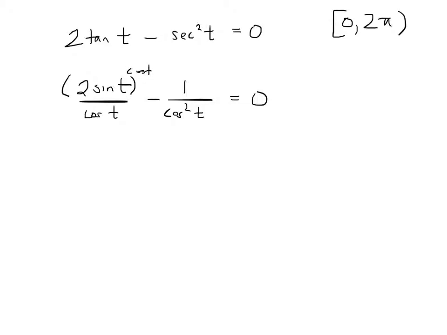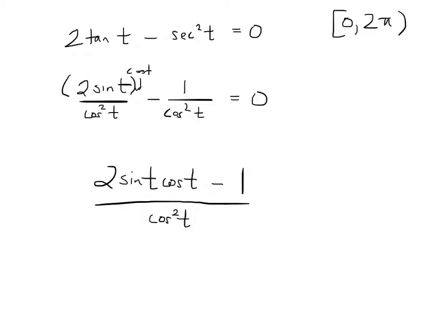It looks like an exponent, but it's not. Anyway, 2 sine t cosine t minus 1 over cosine squared equals 0. Isn't 2 sine t cosine t the same as sine of 2t? Exactly. Sine of 2t minus 1 over cosine squared t equals 0.